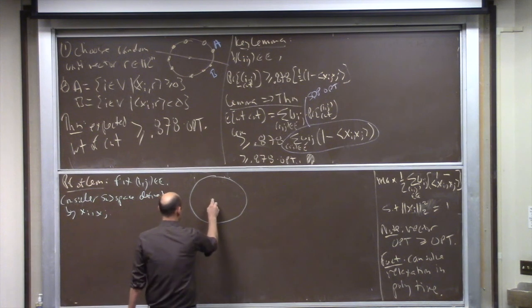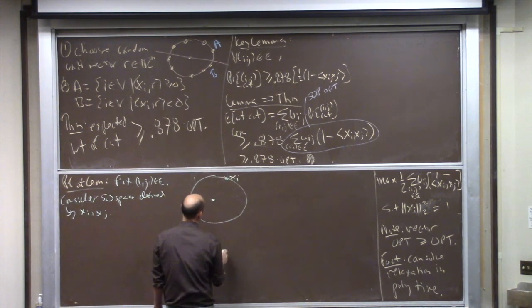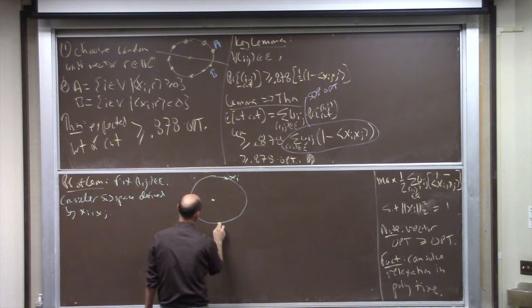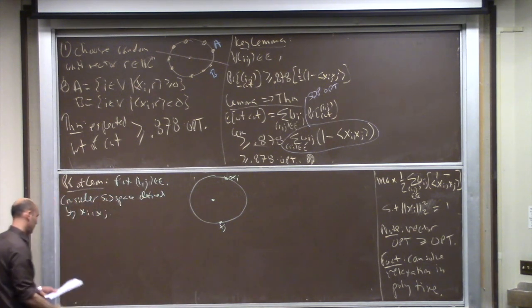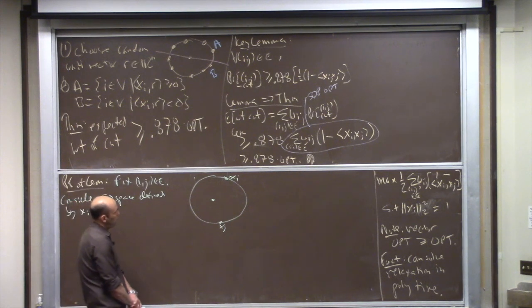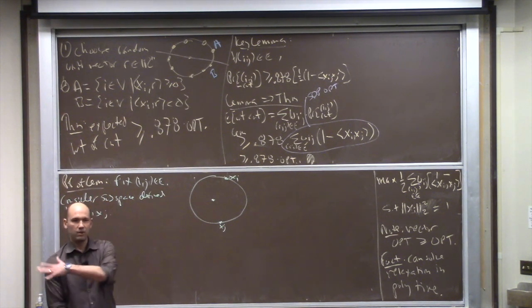So we have the origin, xi is somewhere, and xj is somewhere else. We picked a random unit vector in n-dimensional space, but because it's rotationally invariant, it doesn't matter which slice we look at.